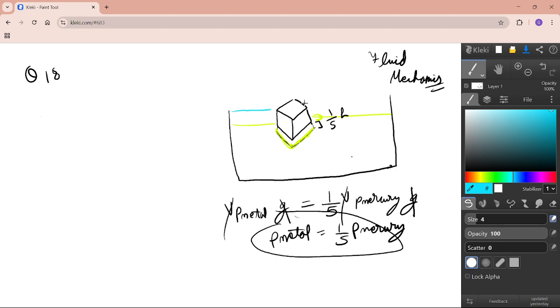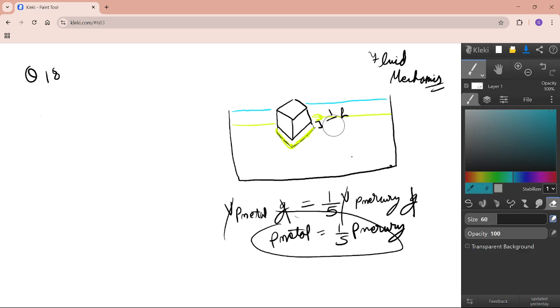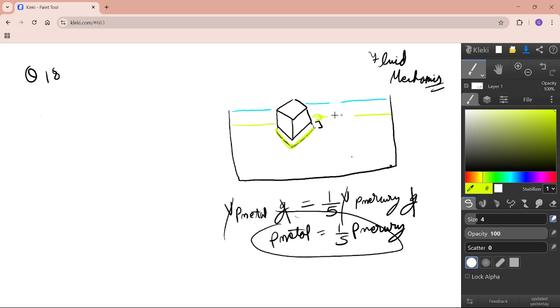It's no longer one-fifth, but the whole height.